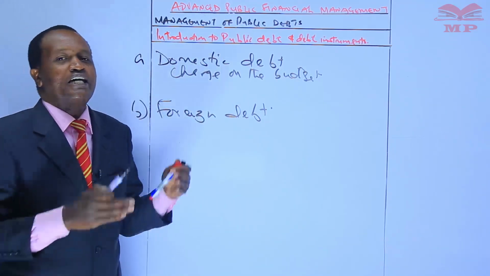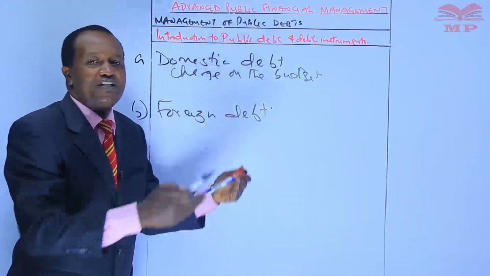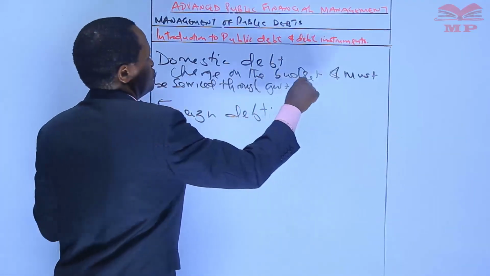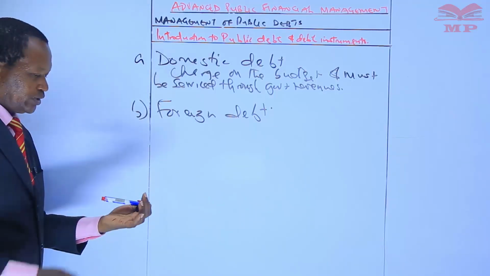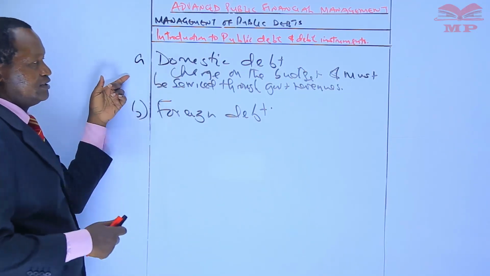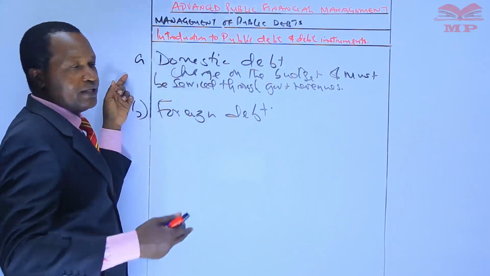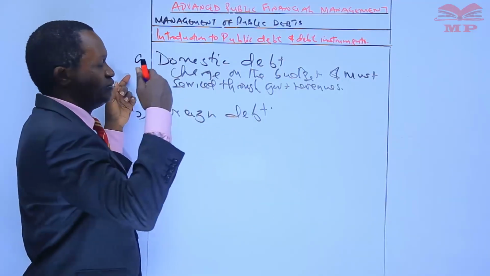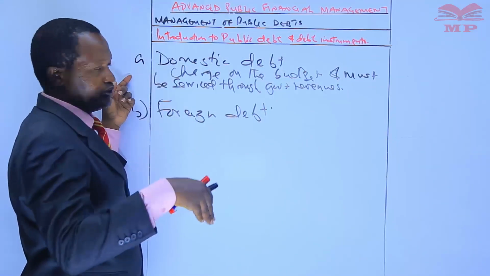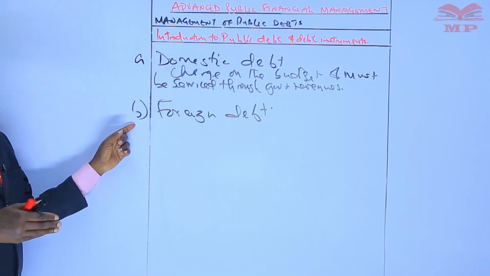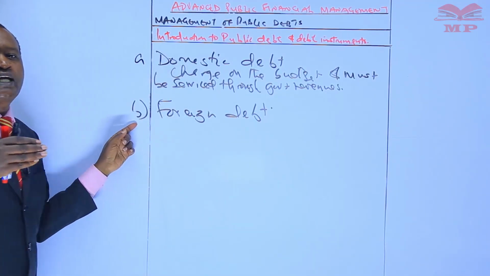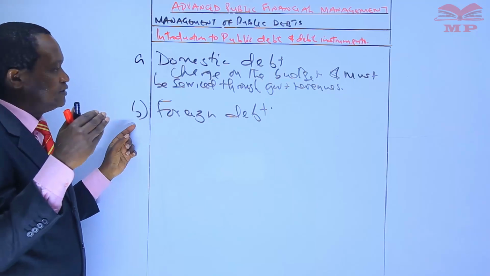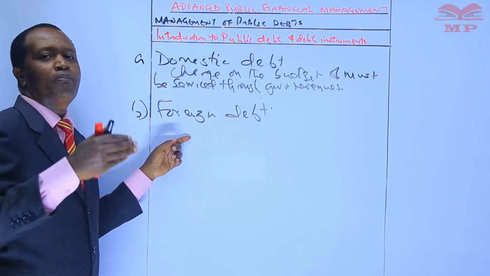Domestic debt is a charge on the budget and must be serviced through government revenues. It's prudent, candidates, when the government borrows internally, then the repayment of such debt should be through the revenues that the government obtains from internal taxes. However, foreign debt or external debt should be serviced through balance of payment.